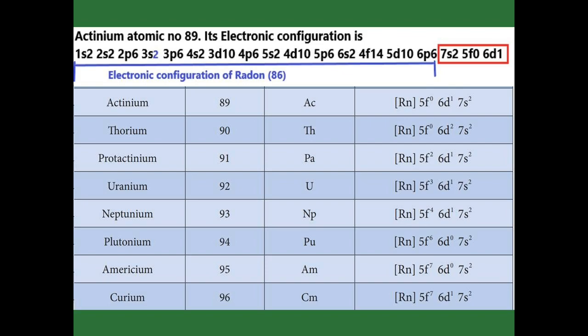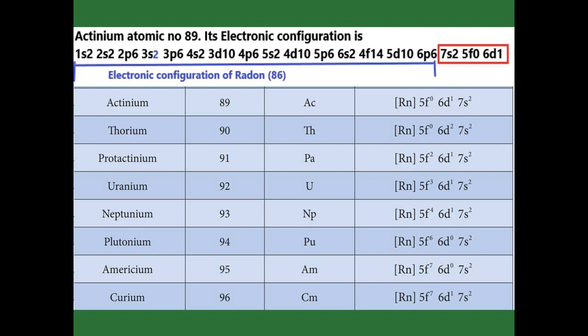In thorium, up to 86 is the radon configuration.